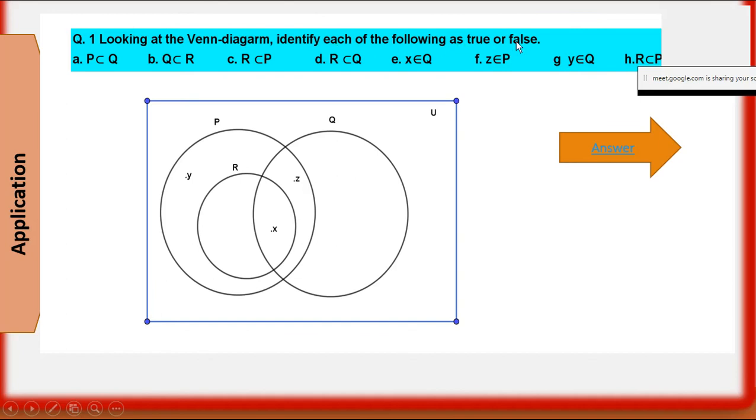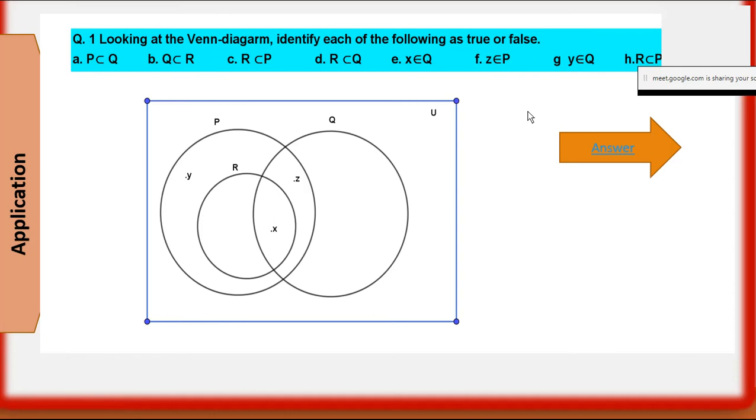I mean, P is a subset of Q: is it a true relation or a false relation? You have to identify. B also true or false. So A, B, C, D, E, F, G, H, that is 1, 2, 3, 4, 5, 6, 7, 8. Eight relations I have given, I have shown here.